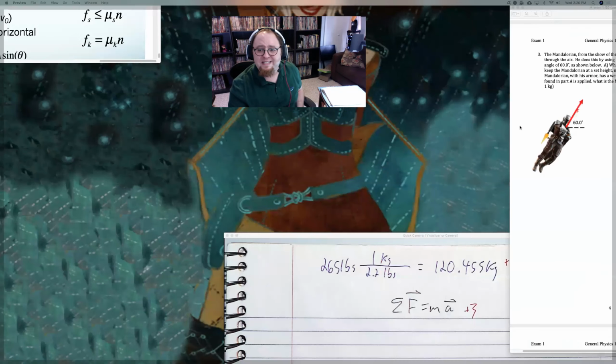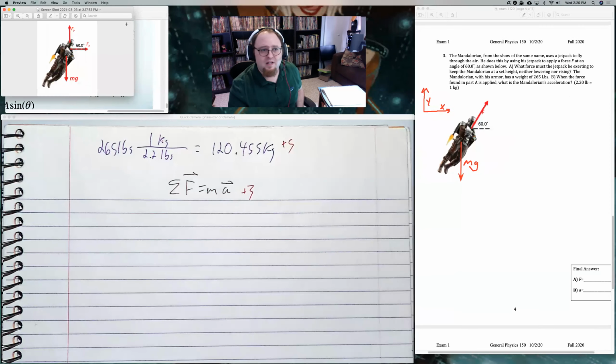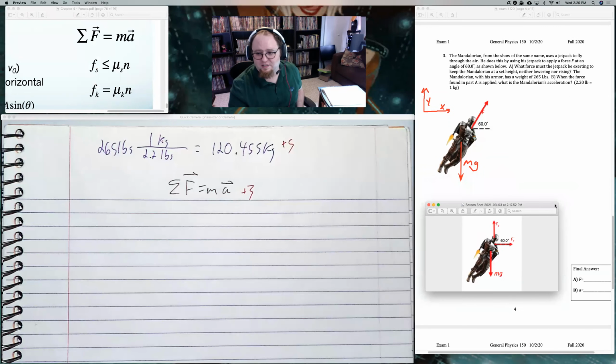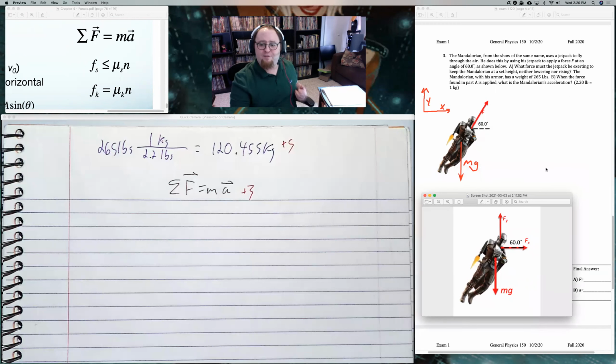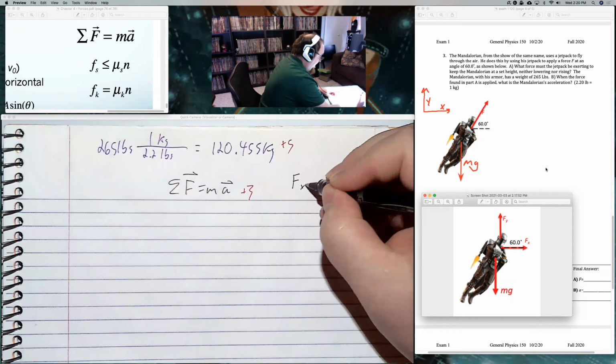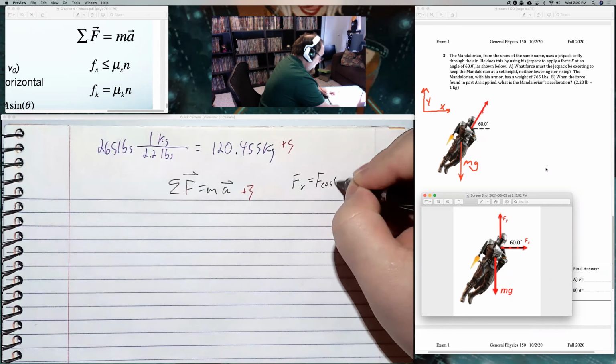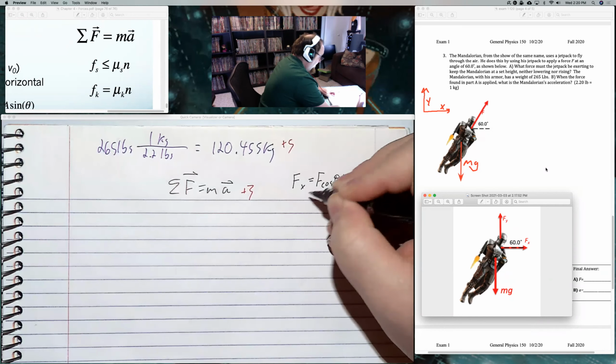Let's turn it into two pieces, an Fx and an Fy. Well, Fx equals F cosine theta, and Fy equals F sine theta, because my angle is measured from the horizontal.